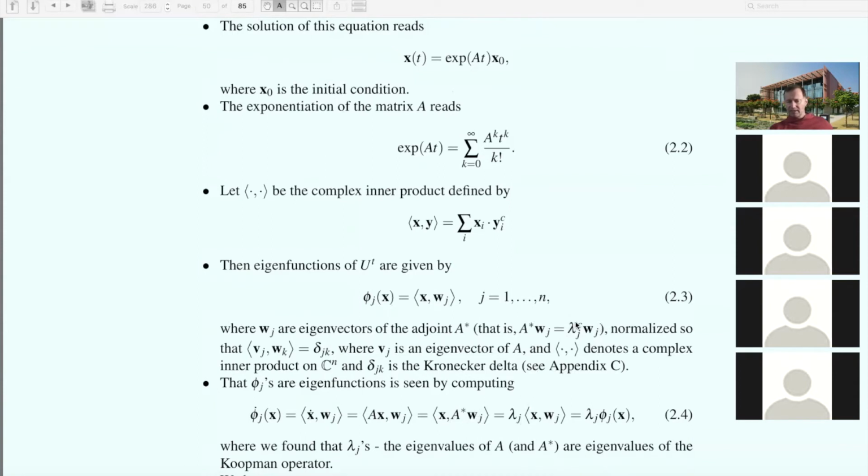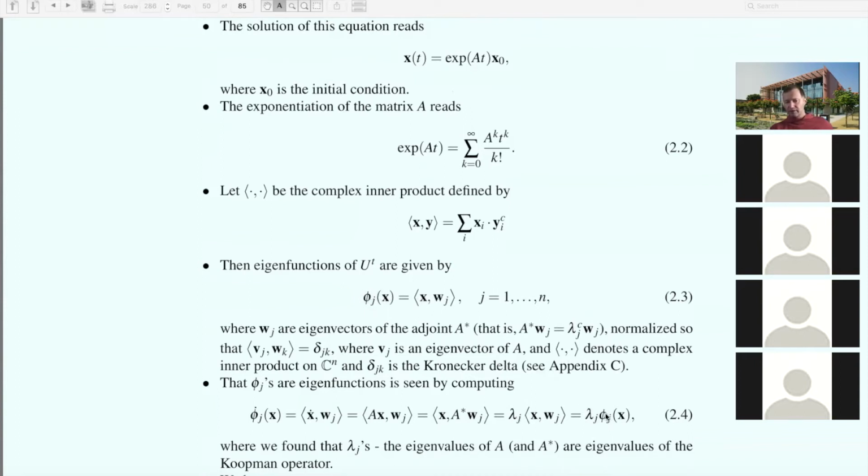But lambda_j^c is a complex scalar. And it's a property of the complex inner product that when I have the complex conjugate scalar in the second argument here, it comes out of the inner product as its own complex conjugate. So since I have lambda_j^c, the complex conjugate of that is lambda_j itself. This thing was defined to be, or rather suggested to be, an eigenfunction.